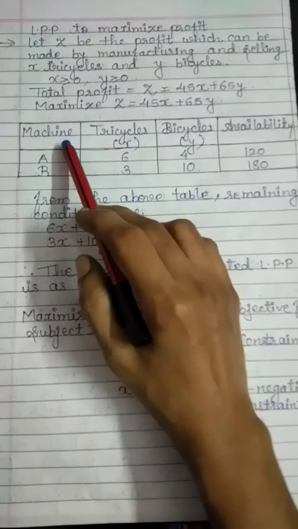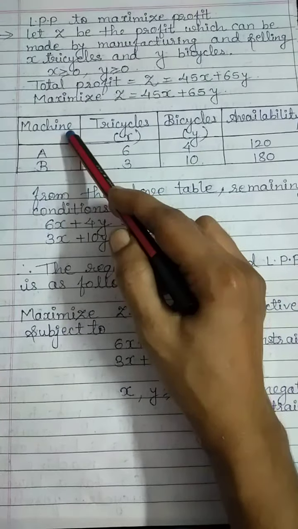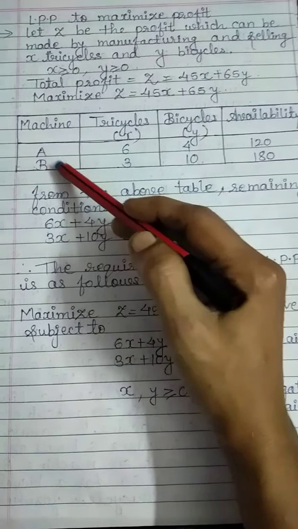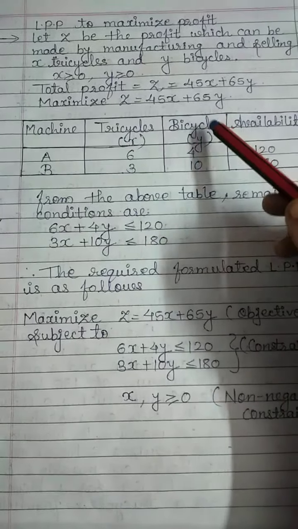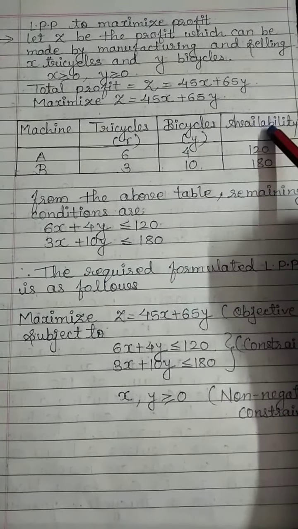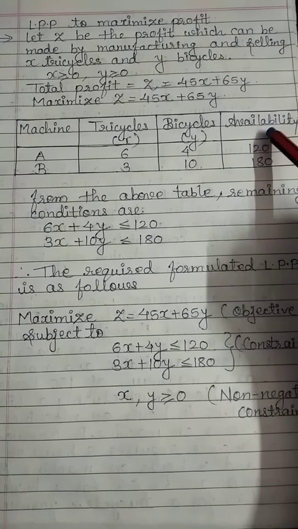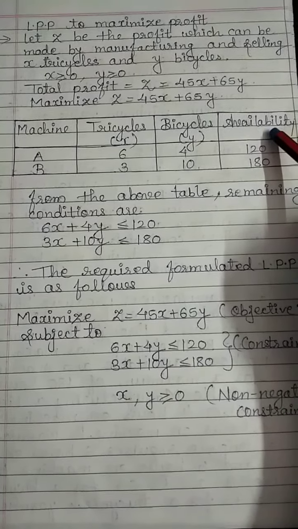Now further we will construct one table containing the columns machine A, B, tricycles which we denoted by X, bicycles which we denoted by Y, and availability. Either we can write availability or maximum availability.